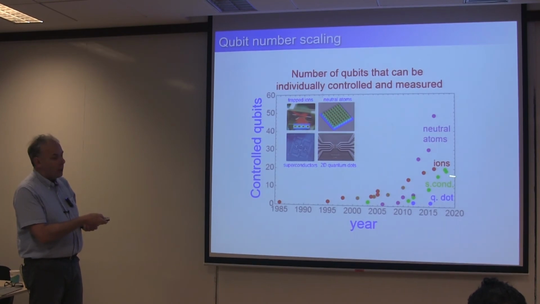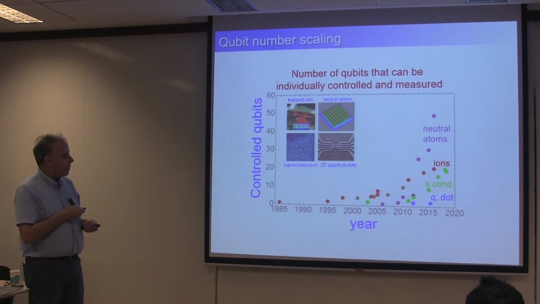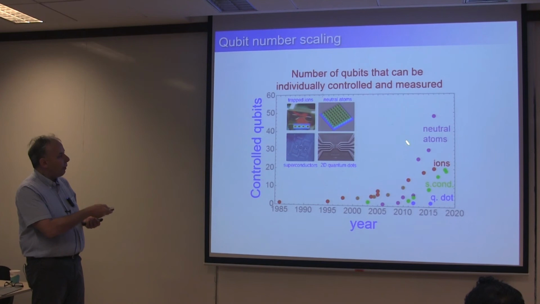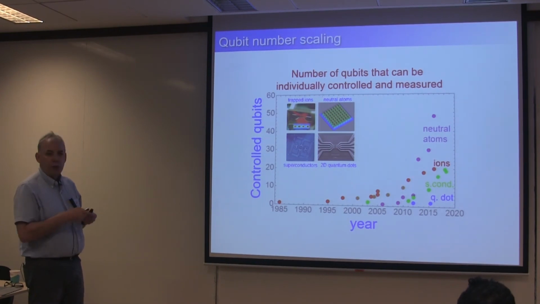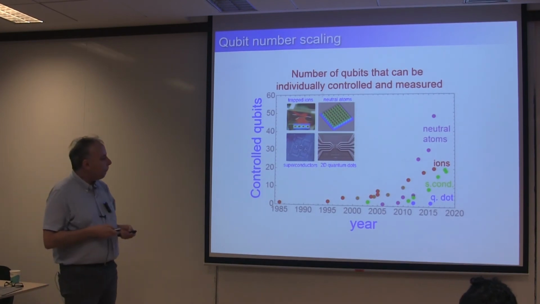Superconductors are now up to 20 or so qubits in published results. Ions are also around 20. The neutral atoms have in fact scaled faster than these other approaches. We don't have good 2-qubit fidelity yet, but we have a large number of qubits. And so all of these approaches are pushing this quantum classical divide limit.